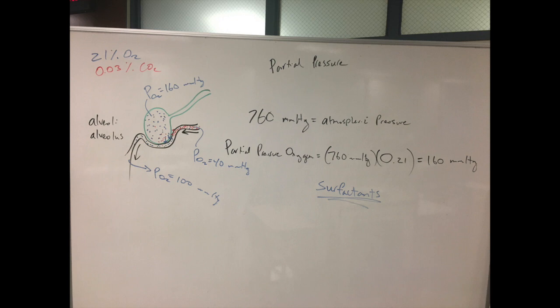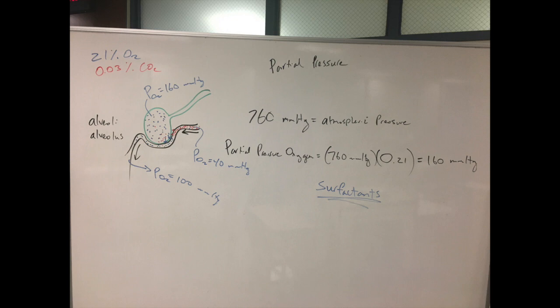Well, they're going to meet in the middle, because diffusion is only going to work if there's a concentration gradient. What's halfway between 160 and 40? 100. And that's exactly what happens here. So the PO2 is 100 millimeters of mercury. That's how diffusion works.